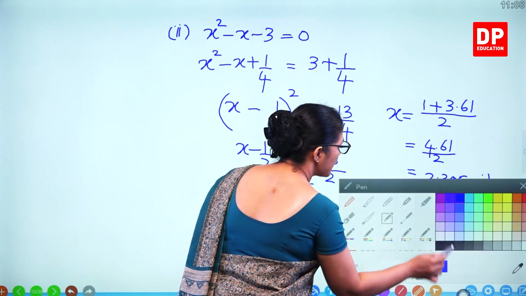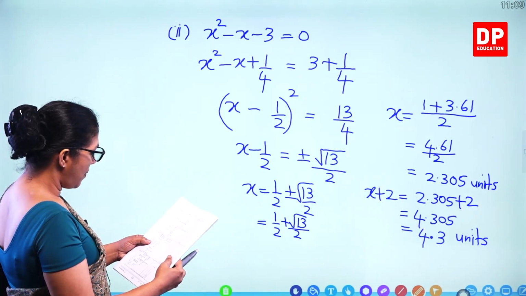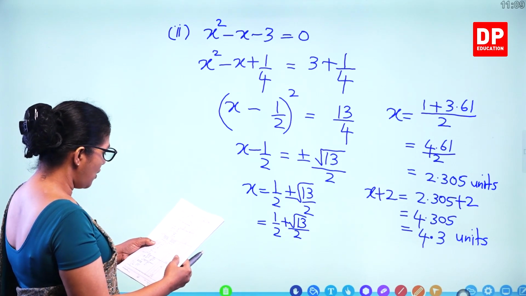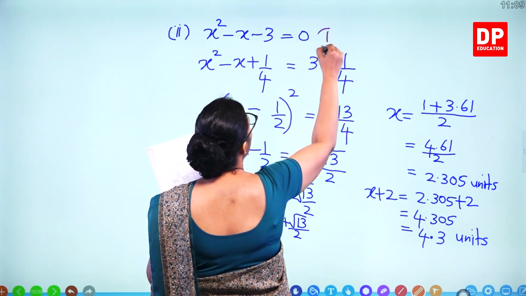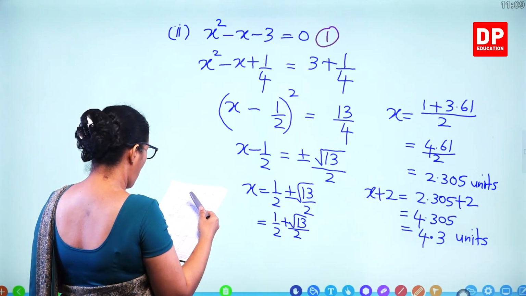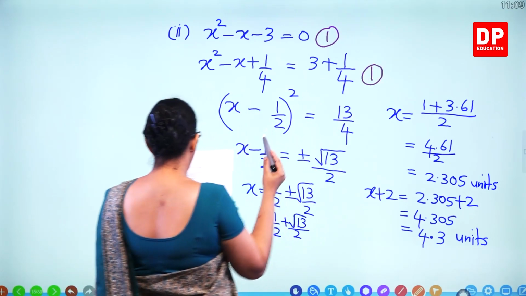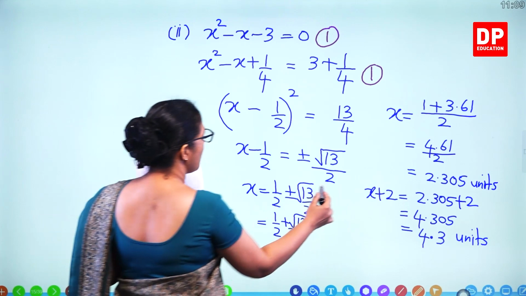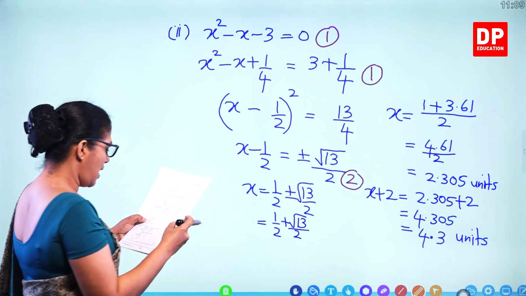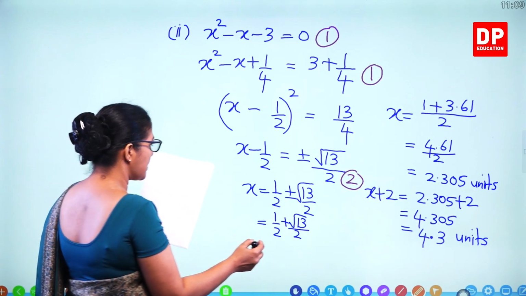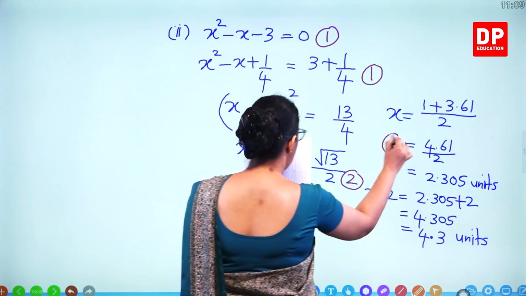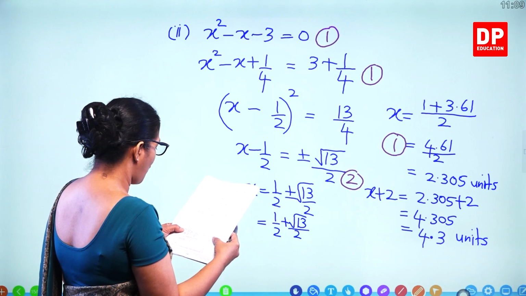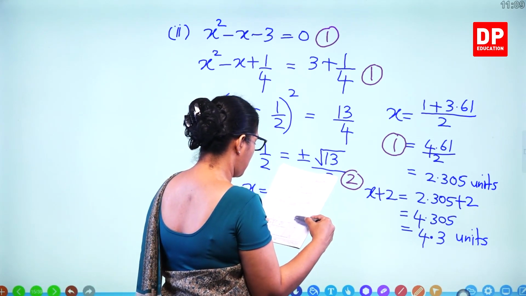So how many marks for that? Second part, 6 marks: equate to 0 using the completing square method. 1 mark here, and up to this point you get 2 marks, another 2 marks, and then for the plus or minus value, you get 1 mark again, and for the length of the side, another 1 mark.